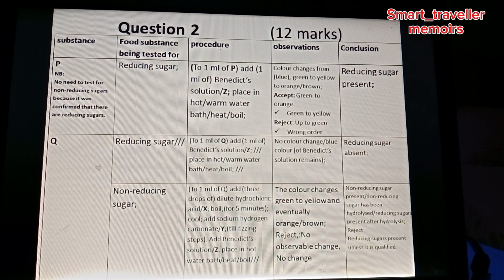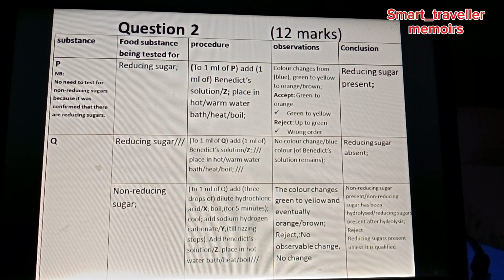To 1 ml of Q add 3 drops of dilute hydrochloric acid, boil for 5 minutes, cool, and add sodium hydrogen carbonate till fizzing stops. Add Benedict solution, place in hot water bath, heat to boil.